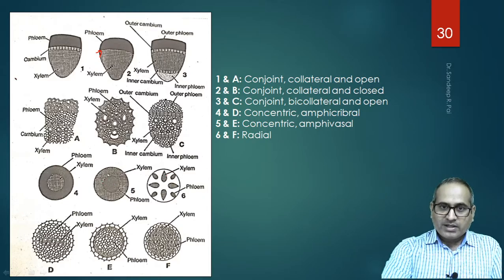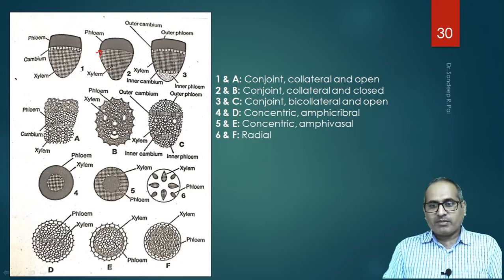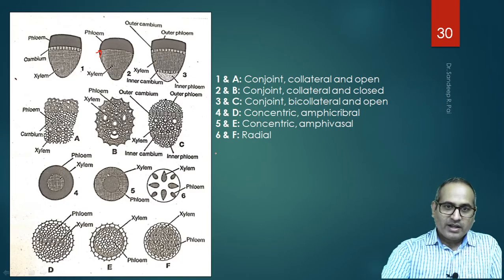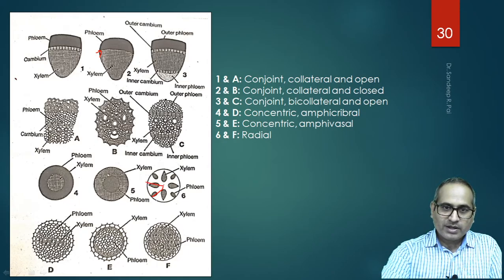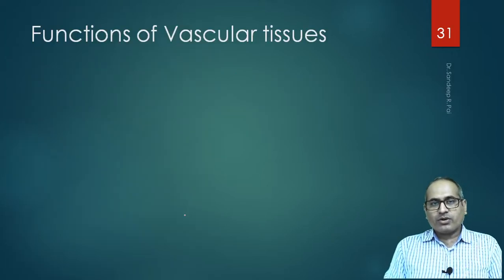The last, the sixth type, 6 and F, the radial type of arrangement of vascular bundles can be observed. So radially, phloem and xylem are arranged onto different radii. So this is the radius from center to this part, center to this part. These are different radii, and onto different radii we will see xylem and phloem arranged.